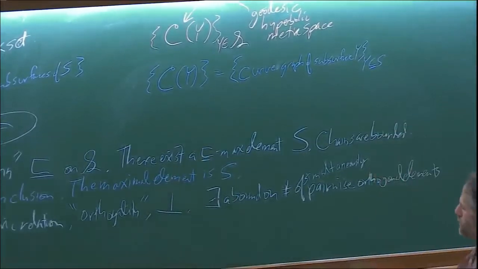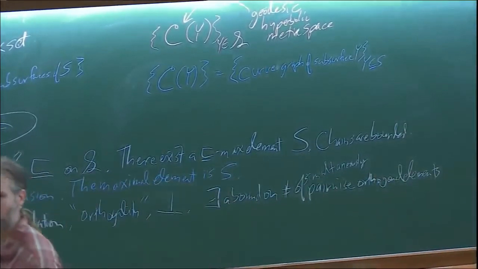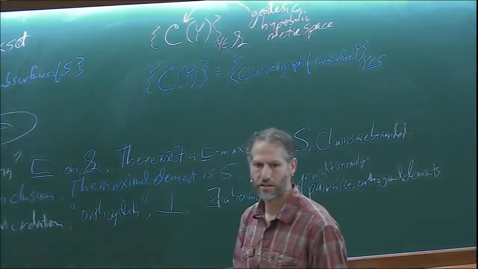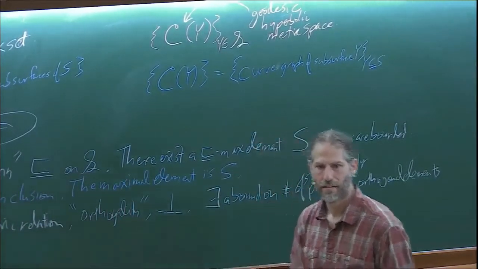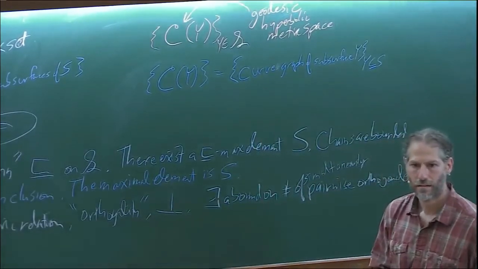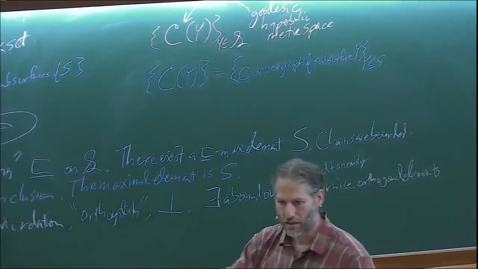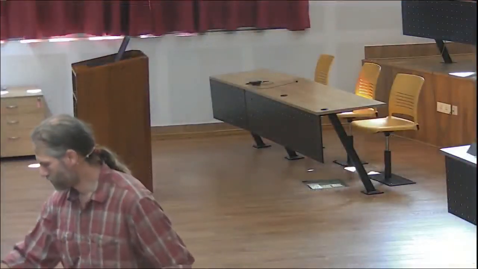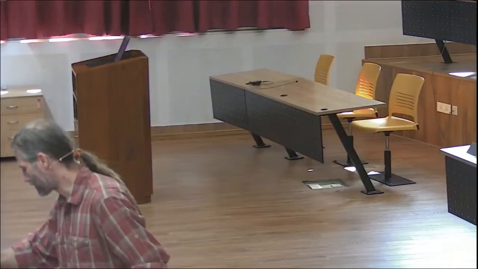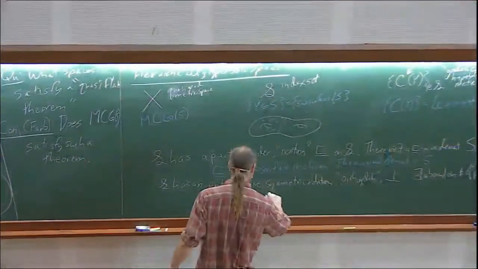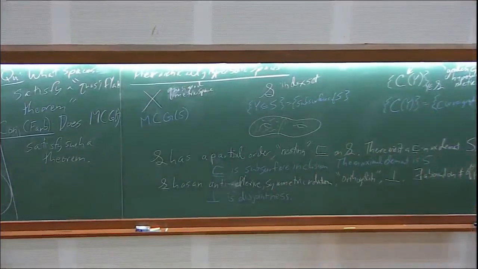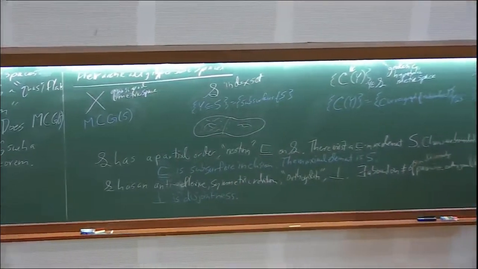Okay, and so people can probably guess what the right notion of orthogonality is for the mapping class group. Yeah, exactly. So orthogonality is disjointness. And then we get the bound on the maximal number of pairwise orthogonal elements.